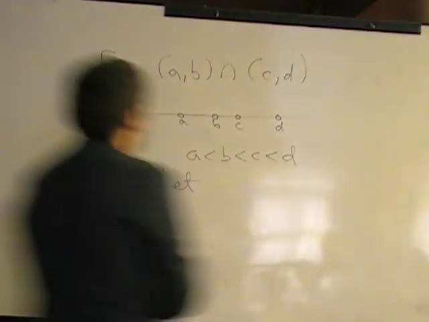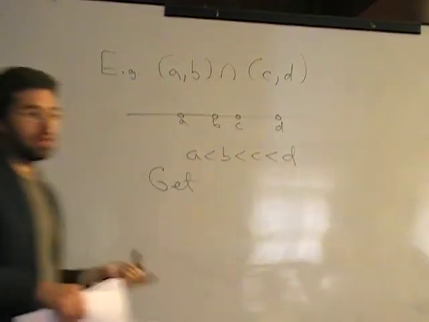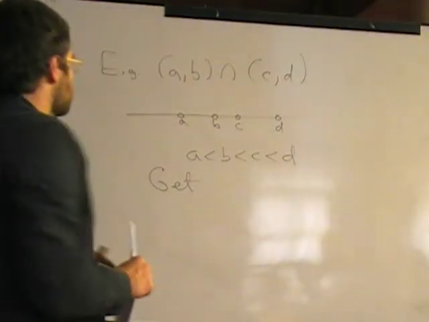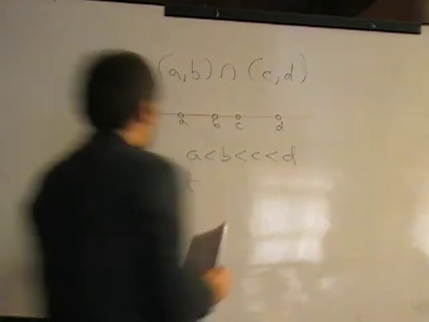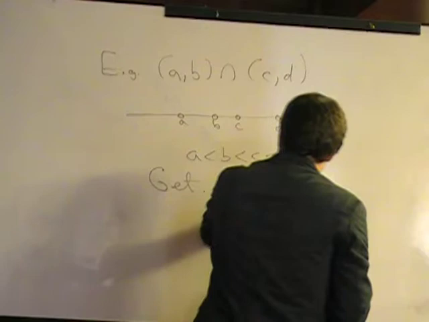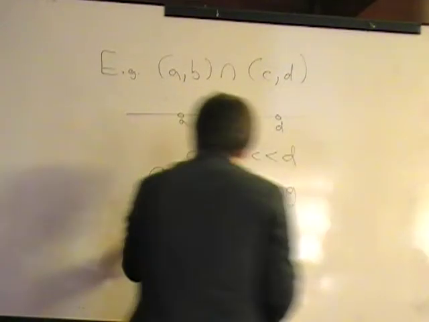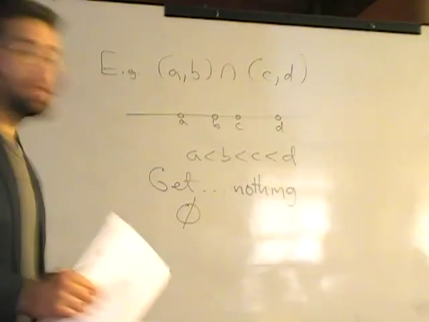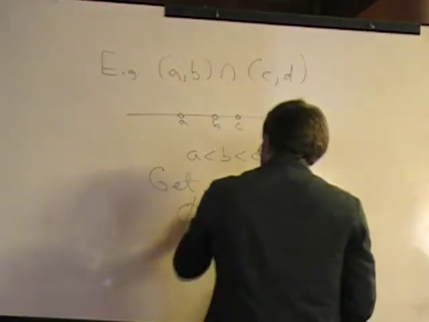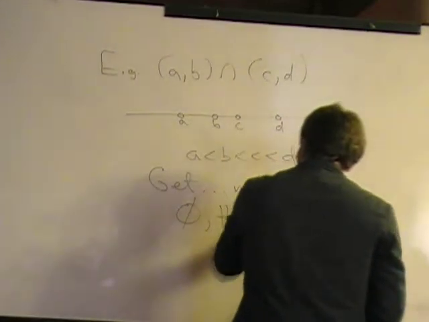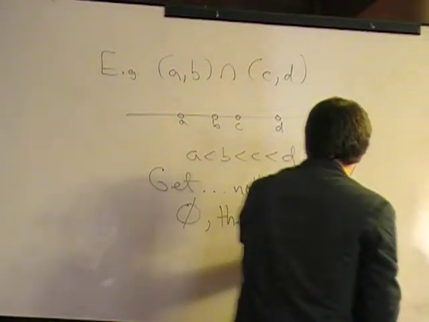The intersection means all the real numbers that belong to this and to this. You get nothing. More precisely, we say that you get what's called the empty set. It's the set that contains nothing, has no elements whatsoever.